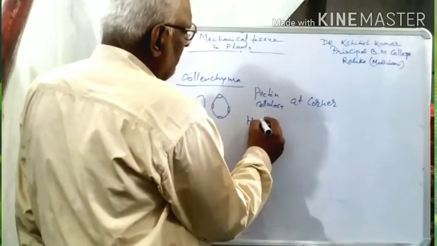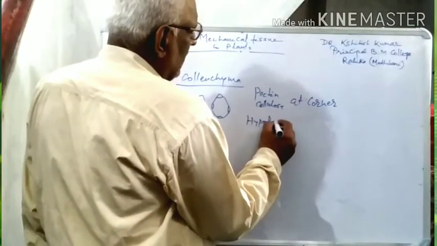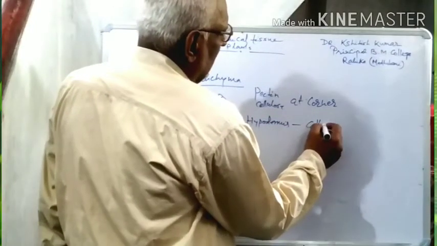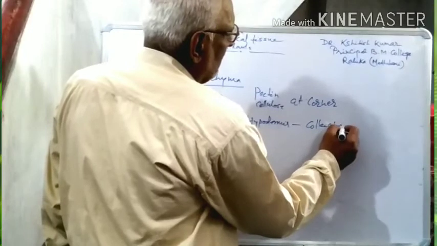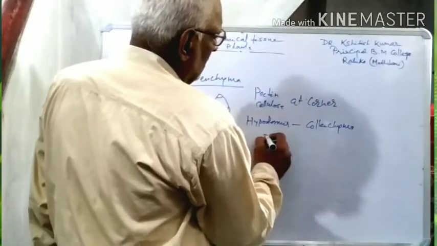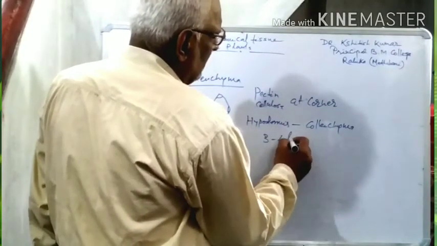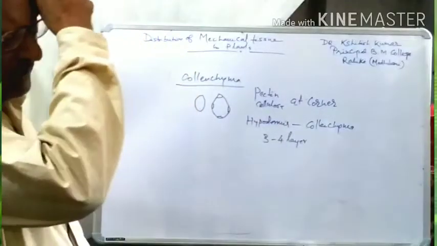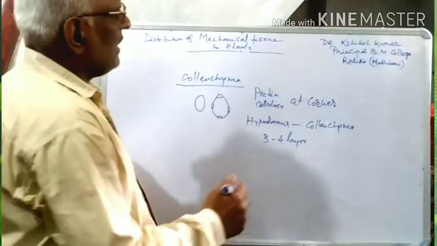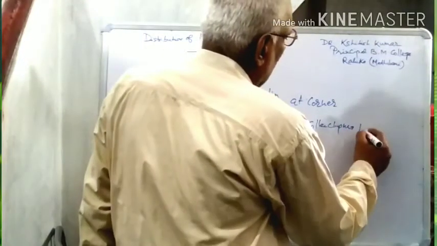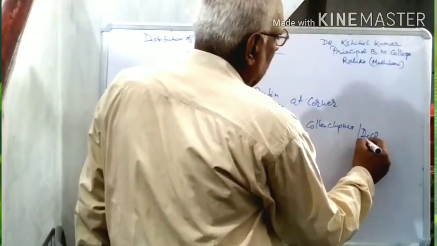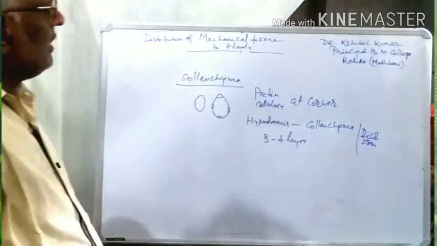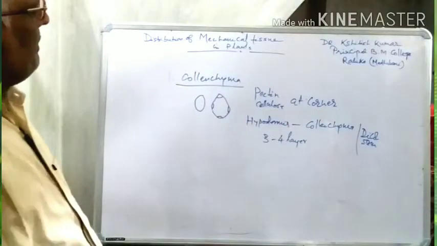So the hypodermis is made of collenchyma, 3 to 4 layers, and it may be more than 4 layers. So it is generally found in the dicot stem, and it gives support to the plant.